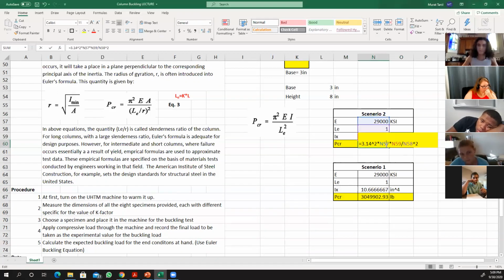Let's divide these numbers by 1,000 so we can keep it in kips, and it will be easy for you to compare the two numbers.